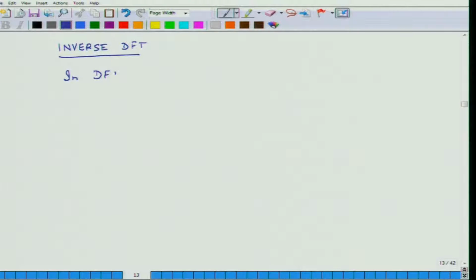In DFT, the input is x_n, which is time dependent, and the output is X_k, which is frequency dependent.